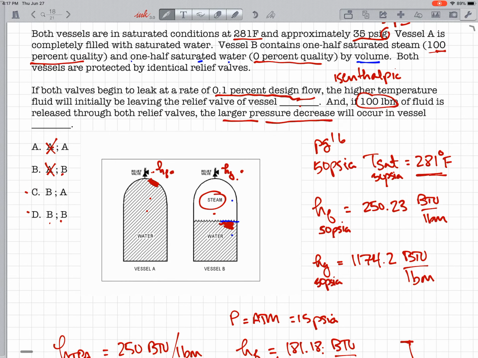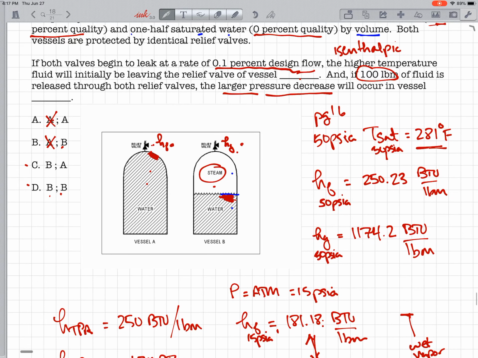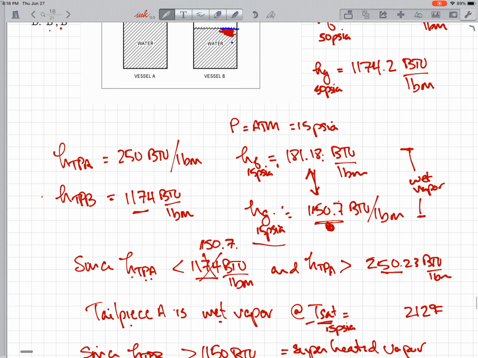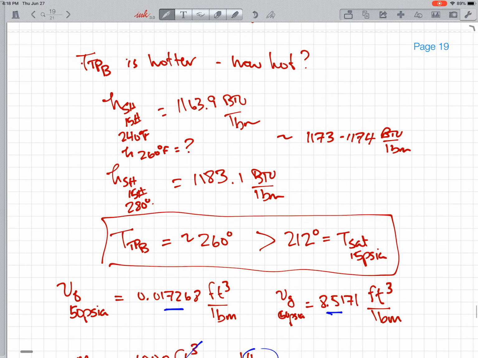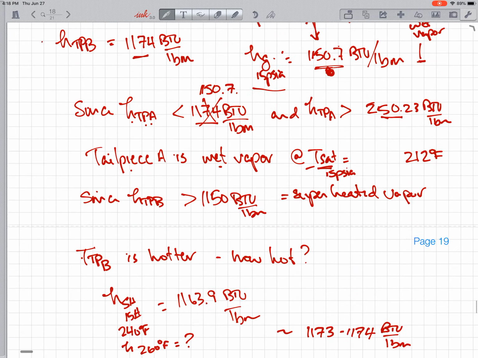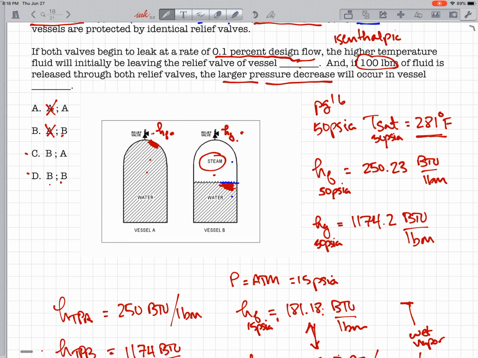You just can't see it. There's a way to figure this out by calculating the entire enthalpy, and I don't see a real need to do that. I don't see a good way to calculate the exact enthalpy after you drop it to 15 pounds, because you don't know how much steam got out or how it acted when it got out. But I think it's just better to look at this as an intuitive thing.